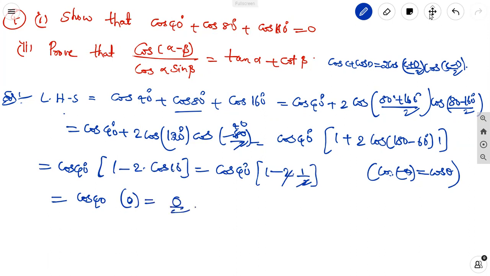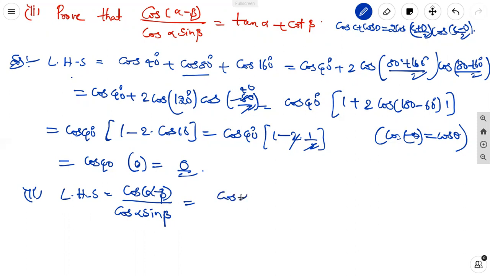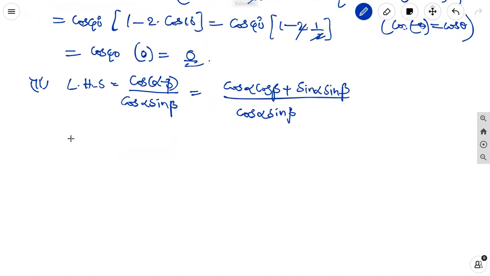That is the RHS. The second one is prove that LHS is equal to cos of (alpha minus beta) by cos alpha sin beta. Here we can write cos of (alpha minus beta) formula. Cos alpha cos beta plus sin alpha sin beta by cos alpha sin beta in the denominator. Now we can write the separate terms as denominator.